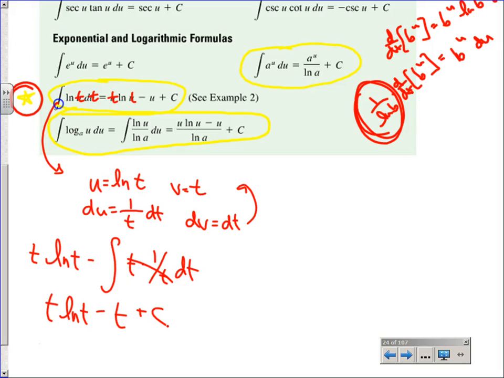Sorry, I didn't want to use u's because I'm using u's in integration by parts. Could you memorize what happens every time you take the integral of ln? I suppose. Could you just do integration by parts? Yes.